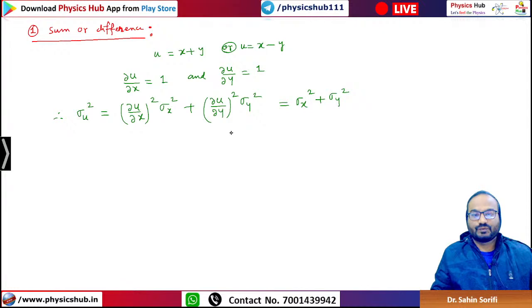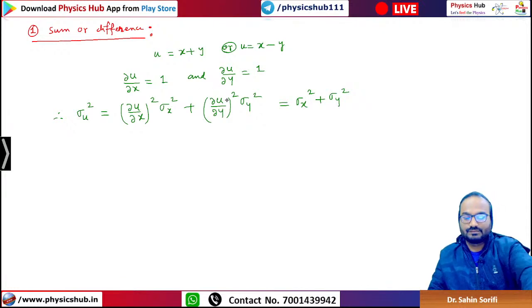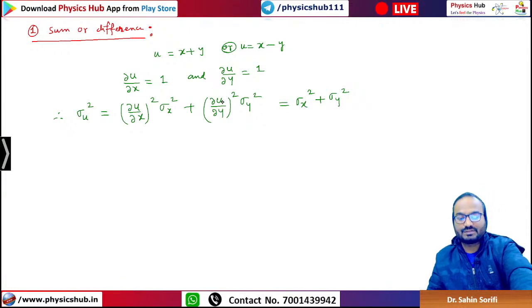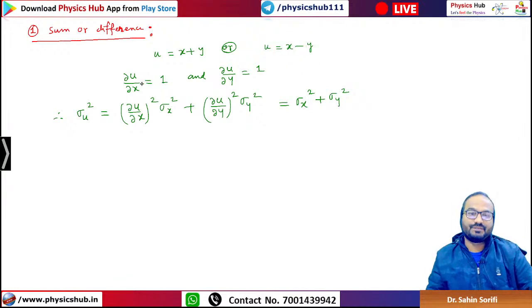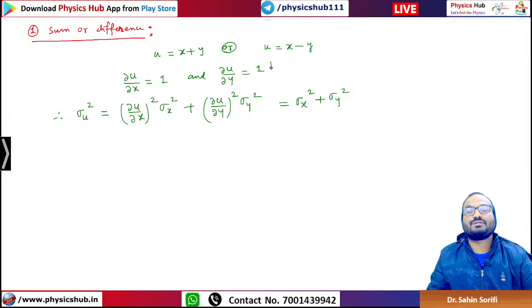Okay, for this one there is some slight mistake we have made. You see, del u by del x equals 1 and del u by del y equals 1. This is for the first one. For the difference, although del u by del x is equal to 1, del u by del y is equal to minus 1.